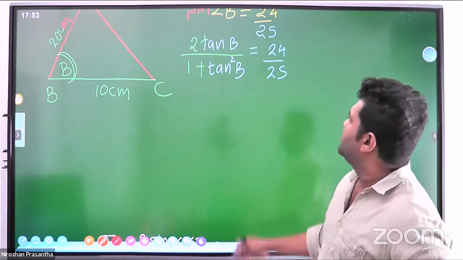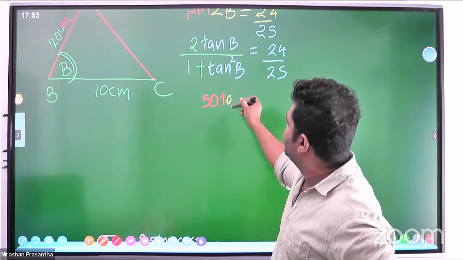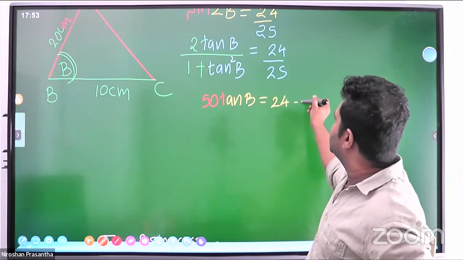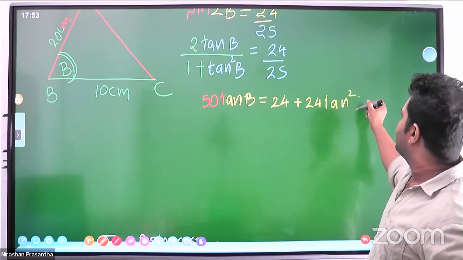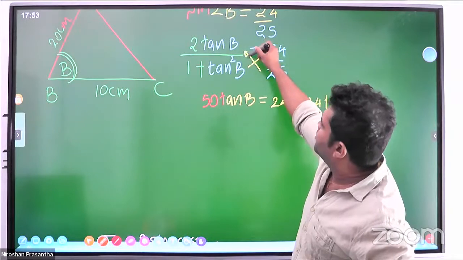Then get your cross multiplication. 50 tan B equal 24 plus 24 tan square B. You multiply, cross multiplication.